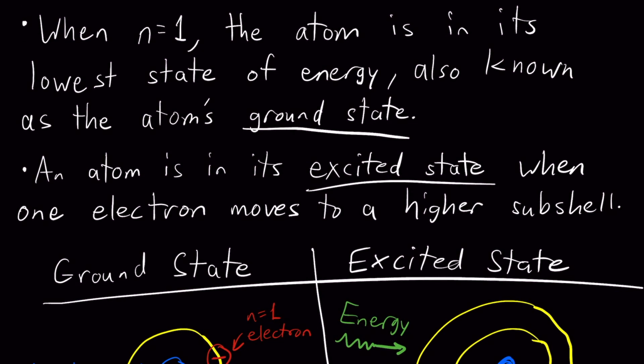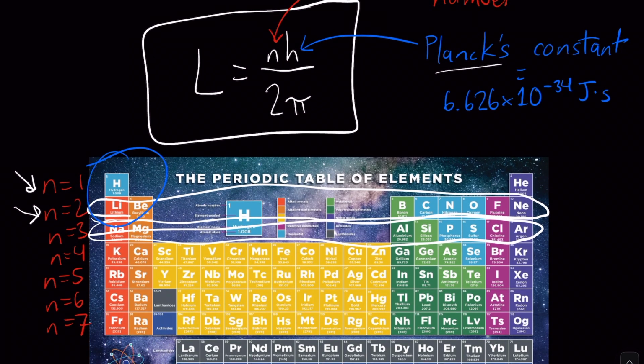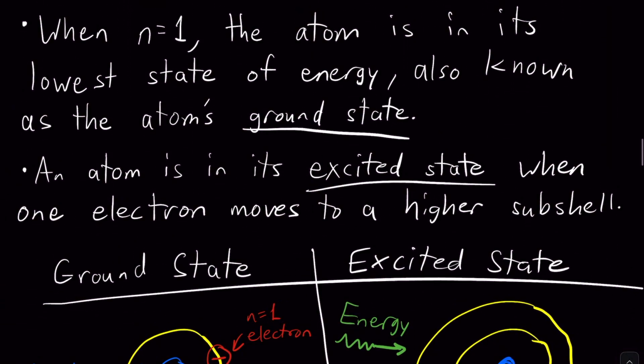When you have n equals 1, which is the first orbital, for example hydrogen and helium, the atom will be in the lowest state of energy, also known as the atom's ground state. If you give energy to the electron, it will move to a higher subshell, and it'll be called the excited state.